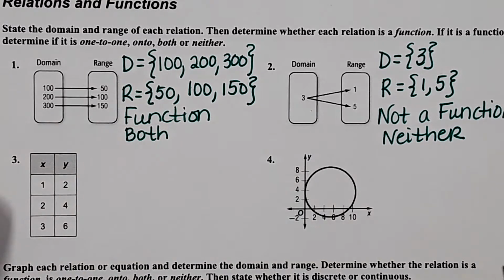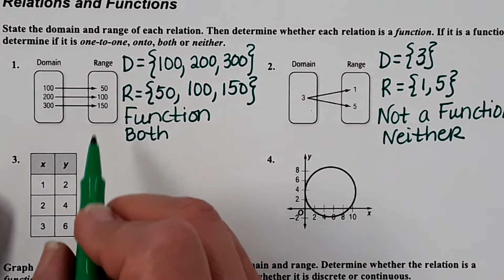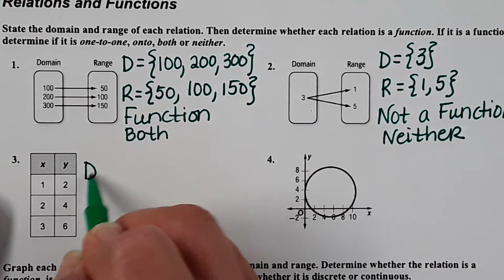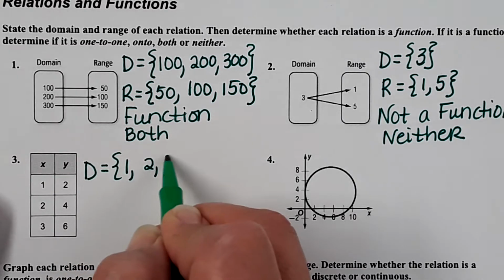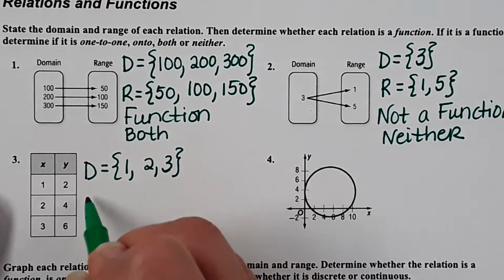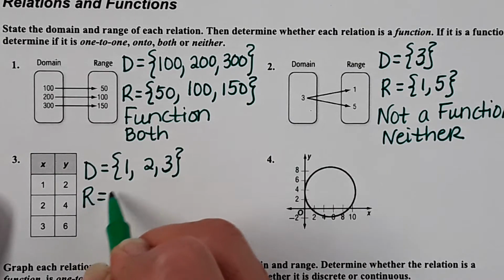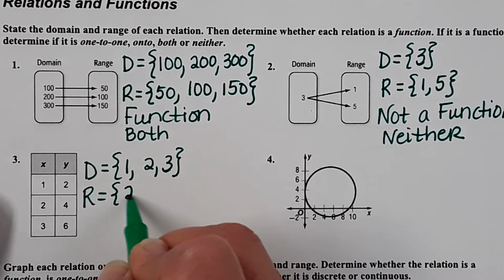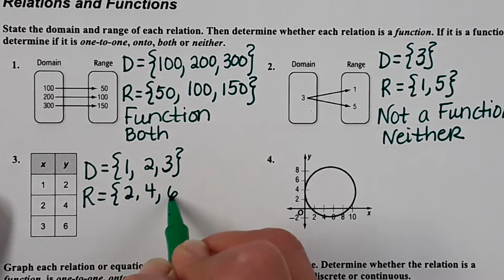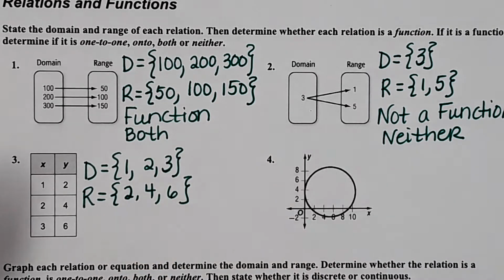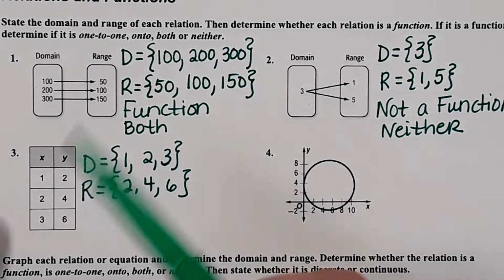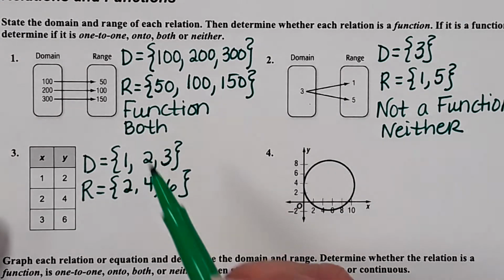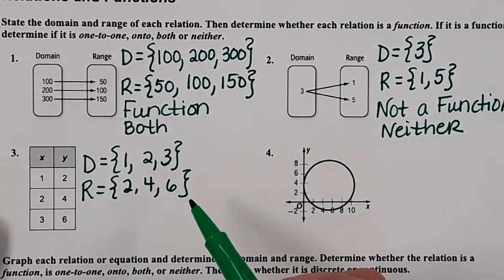Okay. Number 3, what's your domain? 1, 2, 3. What is your range? 2, 4, 6. Okay. Does the domain have exactly one element in the range?